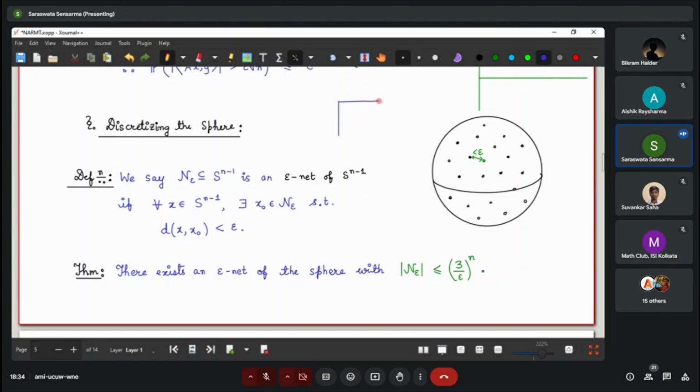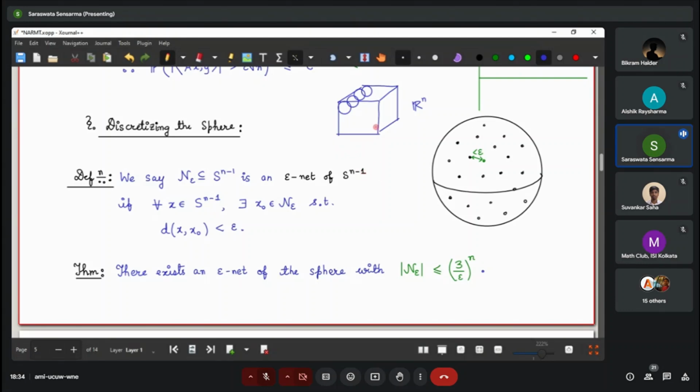One obvious way is to take the cube in R^n and fill it up with epsilon balls, then look at those epsilon balls which intersect with the sphere, and take those as your patches, and any point from those epsilon balls as your net points.